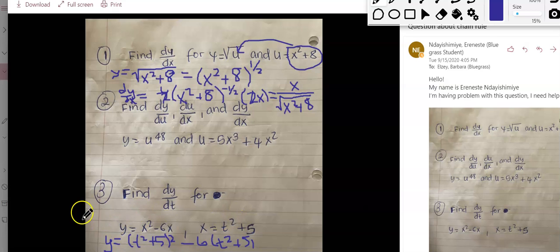So dy/dt: 2 times the front, lower the exponent, it's going to become t squared plus 5 to the first, and then the derivative of t squared plus 5 is going to be 2t.